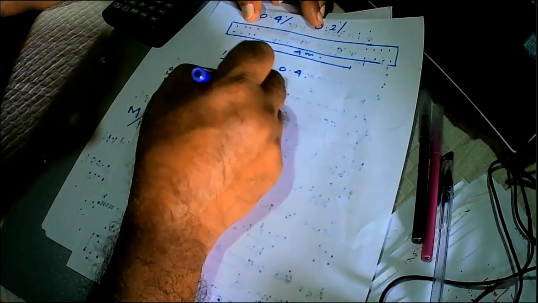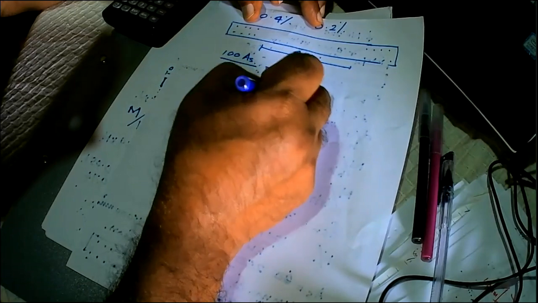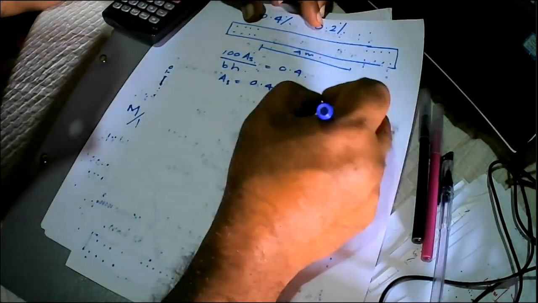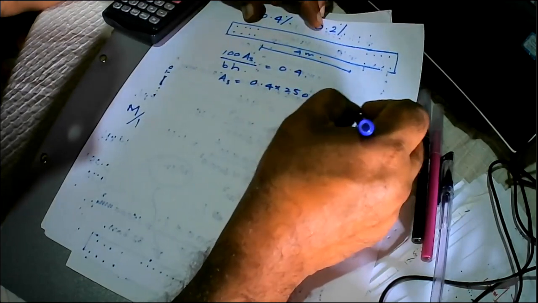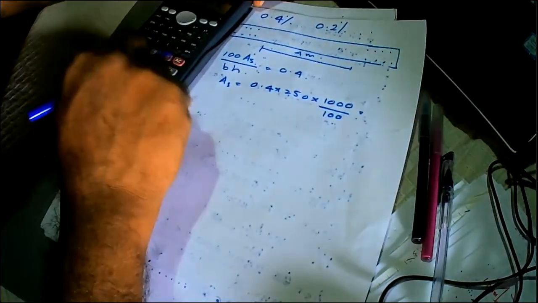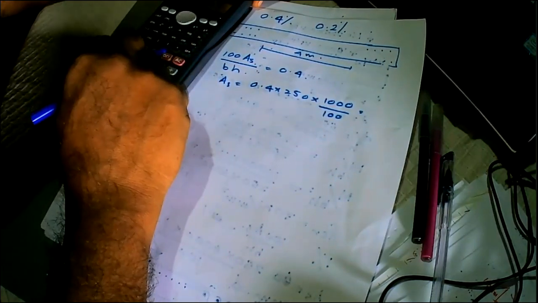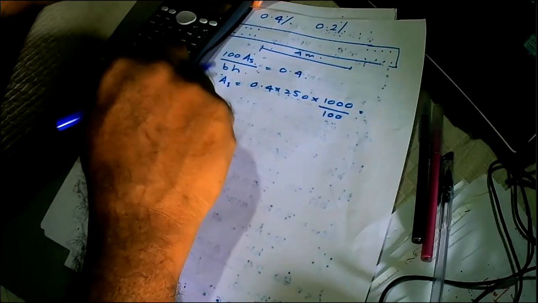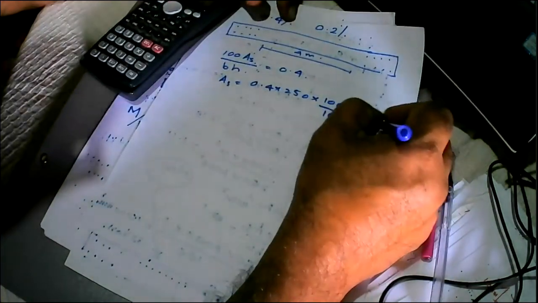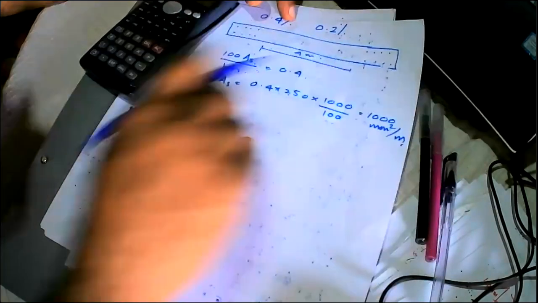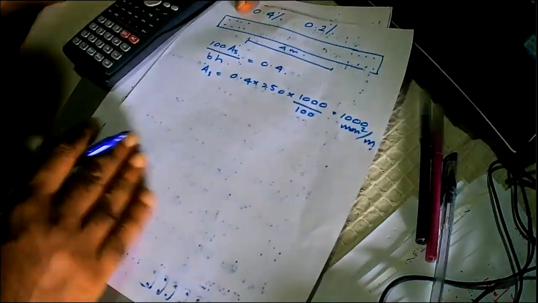So As is equal to 0.4 into 250 into 1000 divided by 100. So we get 1000 square millimeters per meter.